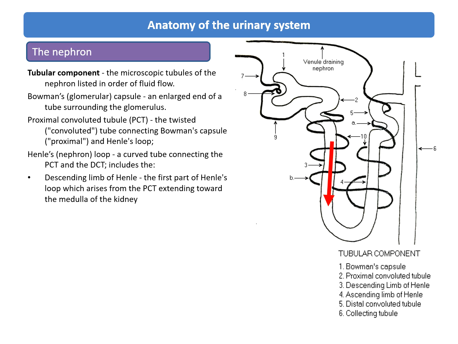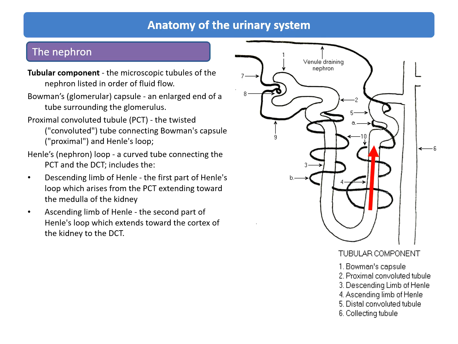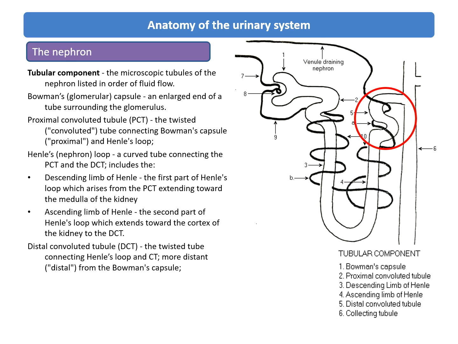It includes the descending limb, the first part of Henle's loop, which arises from the PCT and extends toward the medulla of the kidney, and the ascending limb of Henle, the second part of Henle's loop, which extends toward the cortex of the kidney to the distal convoluted tubule.